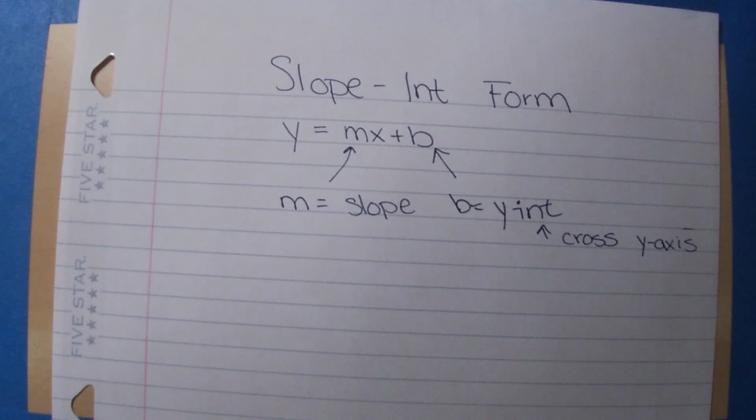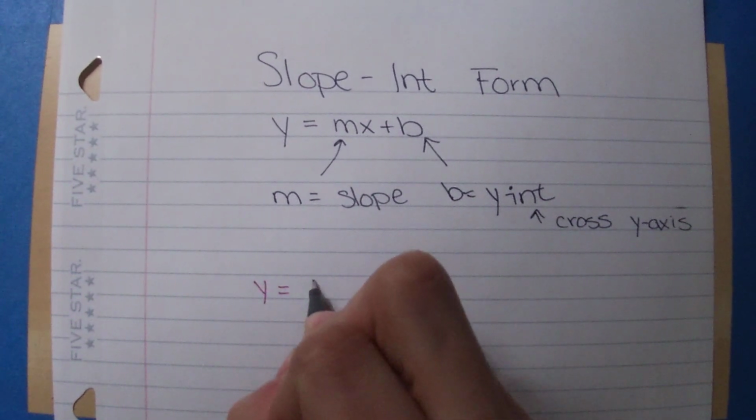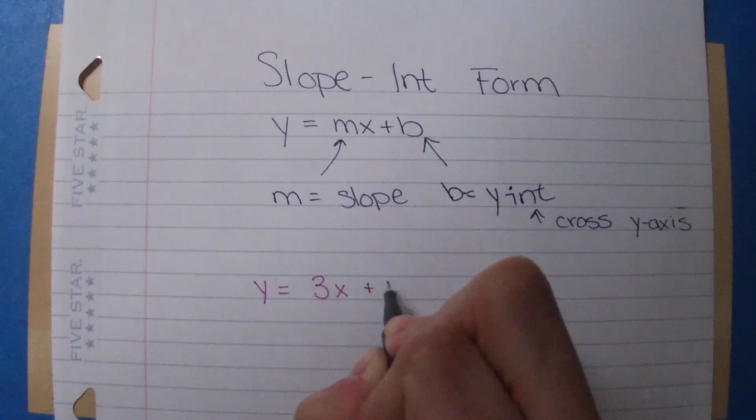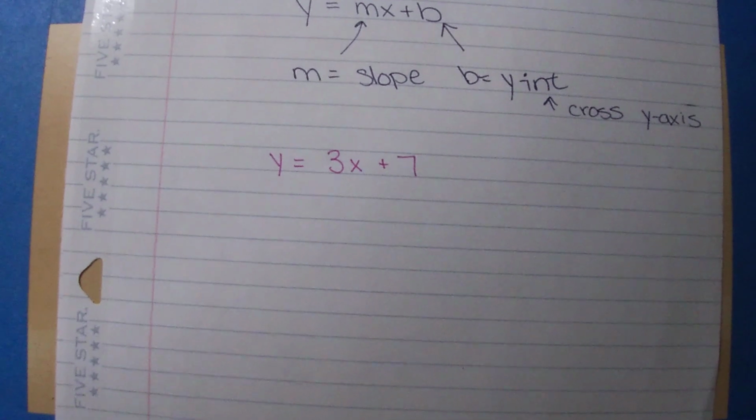So when we are looking at slope-intercept form, obviously the first important thing is that we can find m and we can find b. Finding m and b are no different than identifying two numbers in an equation.